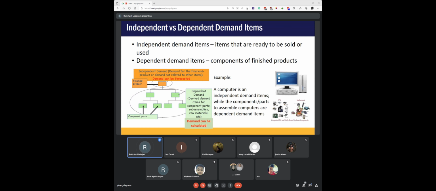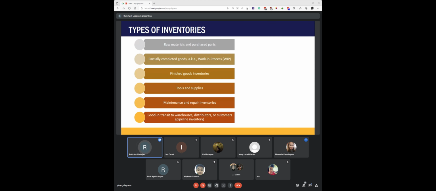Okay. None. Now, there are different types of inventories. We have the raw materials and purchased parts. Depending, like I said, on the company and what business they are engaged in, they will carry certain types of inventories. And that type of inventories could be raw materials and purchased parts. As to what type of raw material, we still don't know.